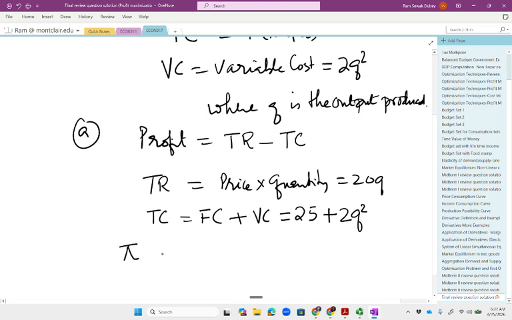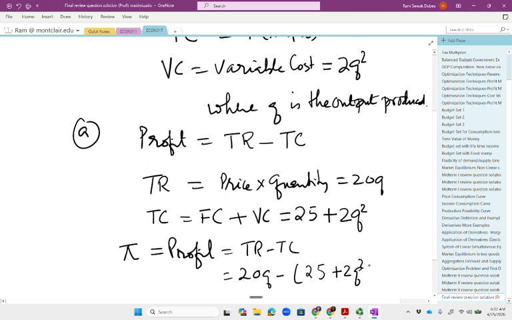We will use notation pi for profit. And as we have written before, it is total revenue minus total cost. Total revenue is 20 times Q minus total cost, which is 25 plus 2Q square.